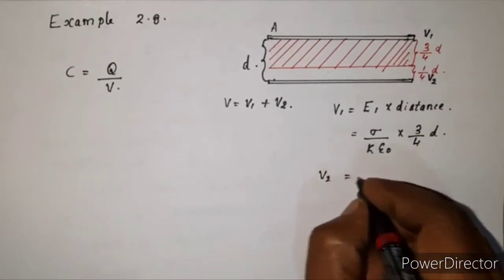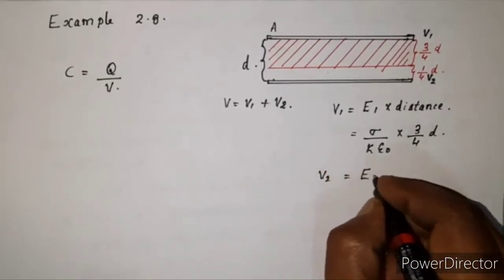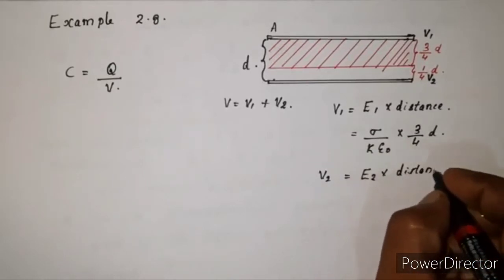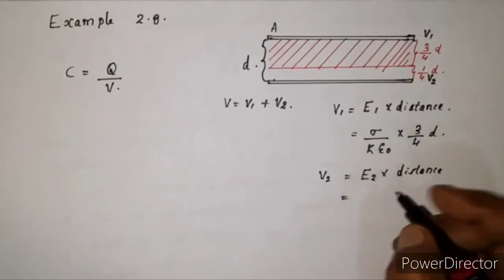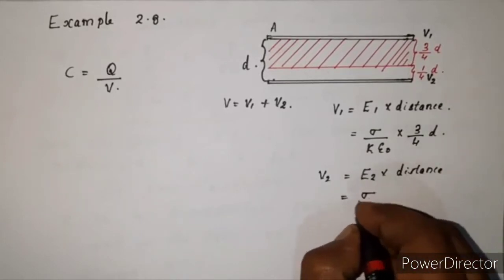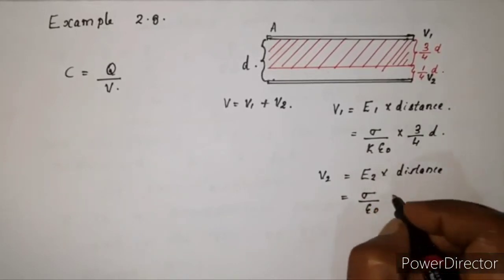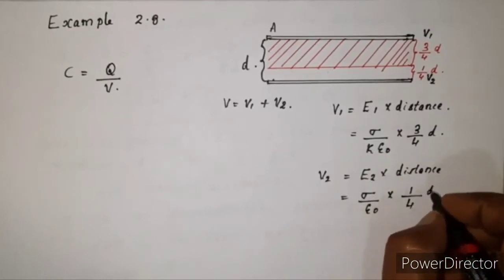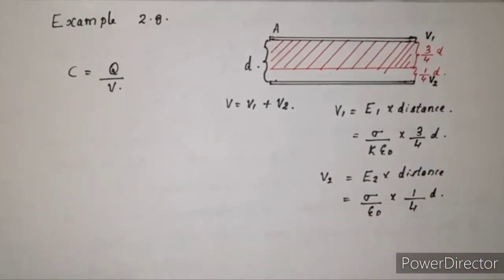Similarly, what will be V2? V2 equal to E2 into that distance. E2 is the field in the absence of dielectric, so it is sigma by epsilon 0 into 1/4 of D. So these are V1 and V2.